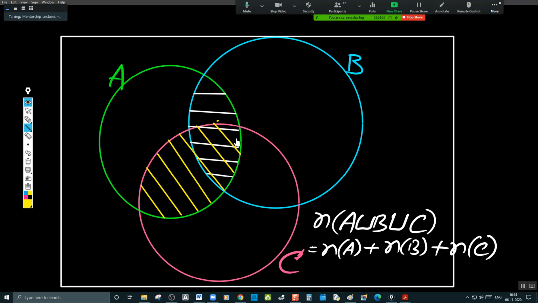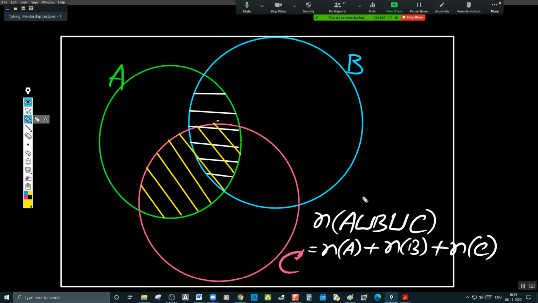So if you write n of A union B union C as n of A plus n of B plus n of C, in this, n of A plus n of B itself has gone twice, n of B plus n of C has gone twice, and n of A plus n of C also has gone twice. That is why they are to be subtracted.